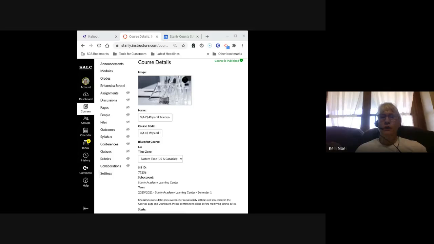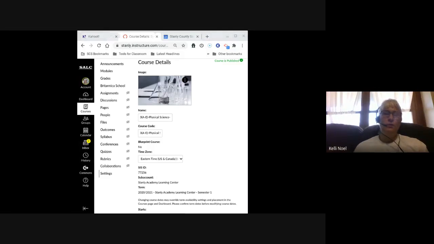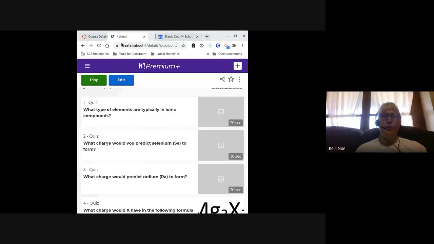Good. Okay, so see how I've got three tabs here? If I wanted Kahoot to be in its own window, I would pull it out, and you may not see it because I have mine set weird. It would be in its own window, so it'd be separate. It wouldn't be up there in my list of tabs anymore.